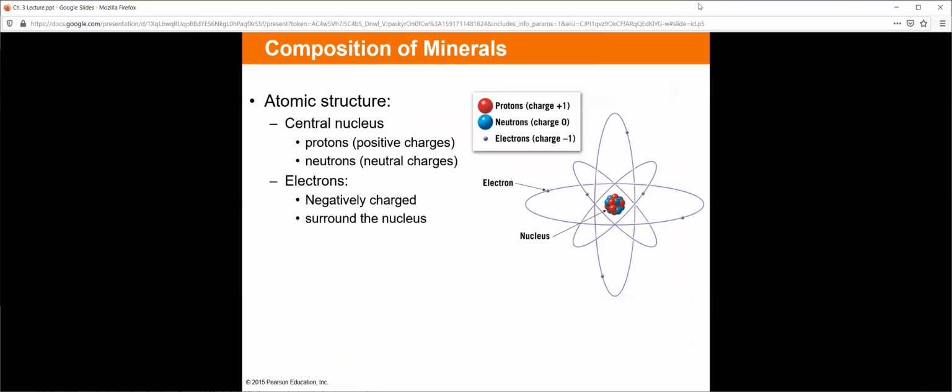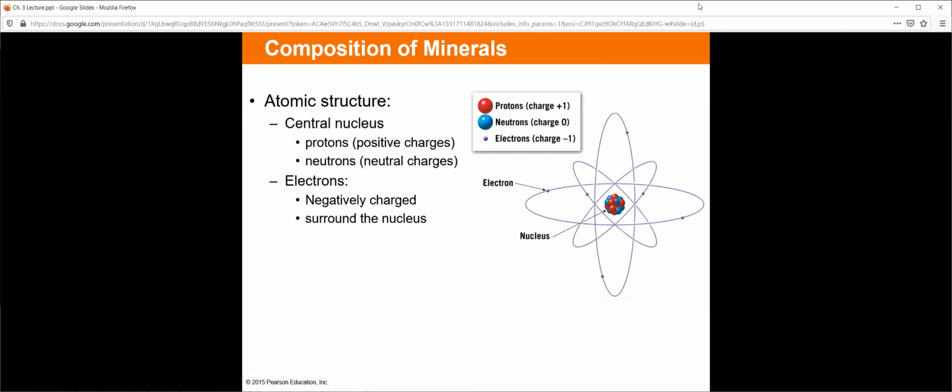Atomic structure. What does an atom look like? Here we have a picture of the Bohr model of an atom, a technically outdated, but it still works, description of an atom. Atoms are composed of a central nucleus, which is made of protons and neutrons, positive and neutral charged particles, and then electrons surrounding the nucleus, which are negatively charged.